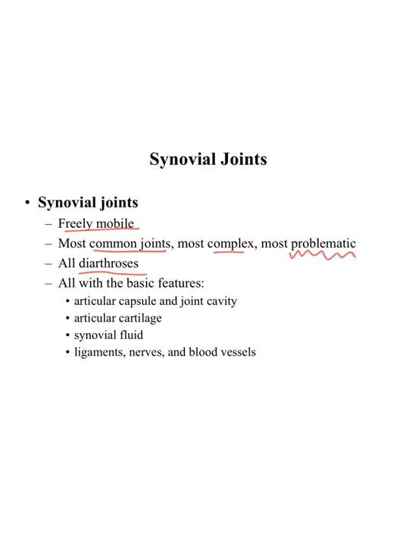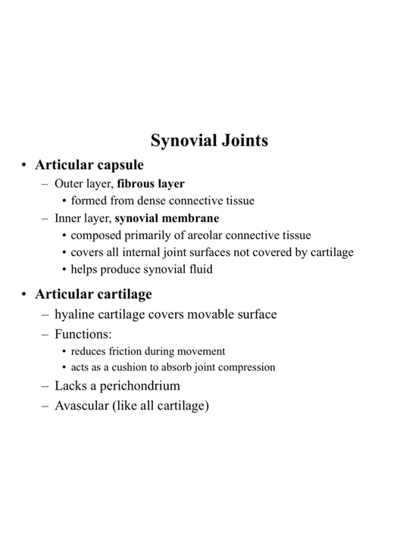And all synovial joints of the body will have, at minimum, these basic characteristics or features that we're going to talk about in more detail. And just a small note here, most synovial joints are within your appendicular skeleton. So the characteristics that all will have, they're going to have an articular or joint capsule, which has two layers.